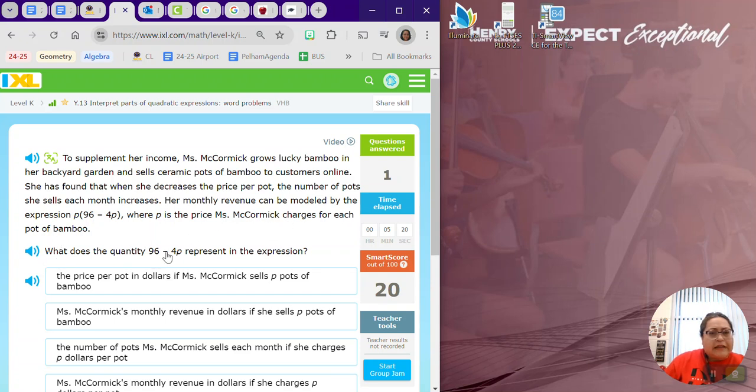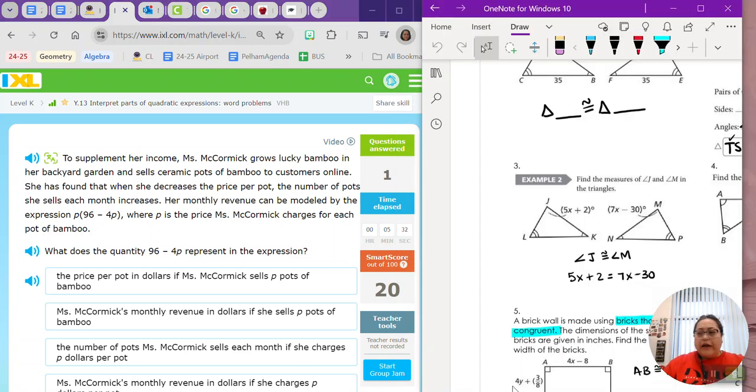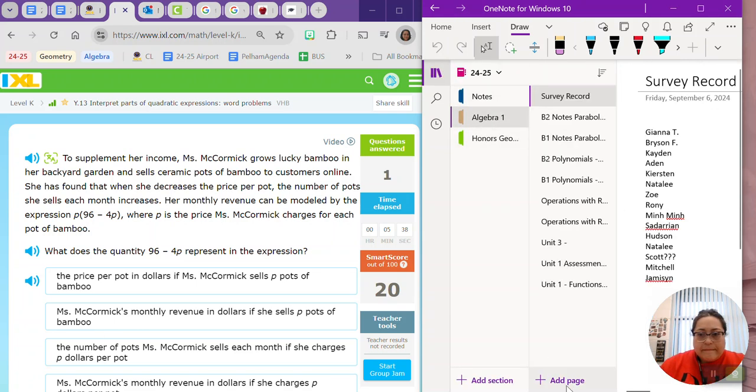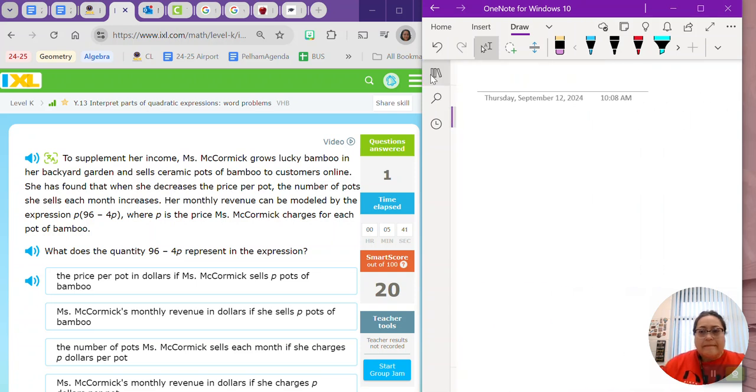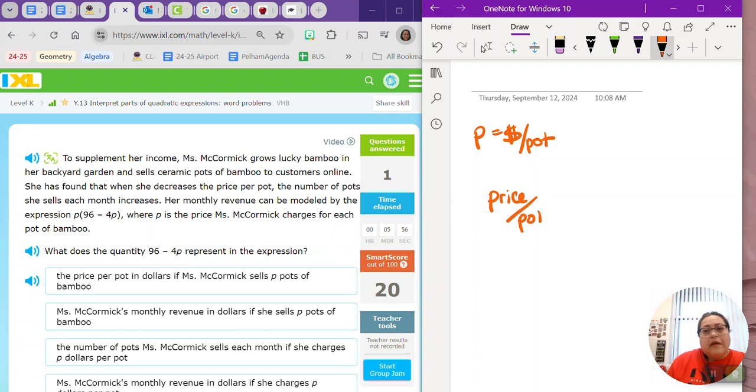What does the quantity 96 minus 4P represent in the expression? If P is the price per pot, to get the total money that she's making, she has to multiply it by the number of pots that she sells.